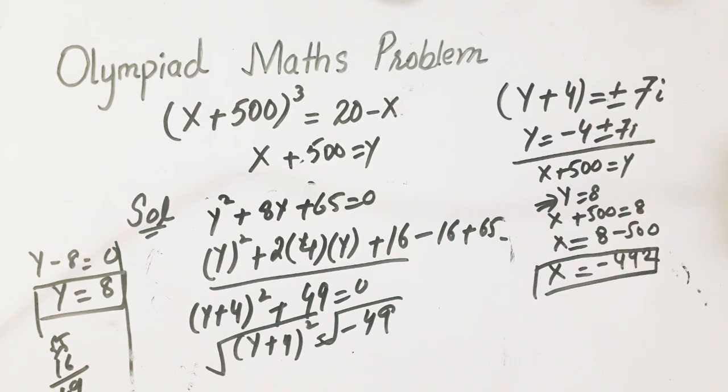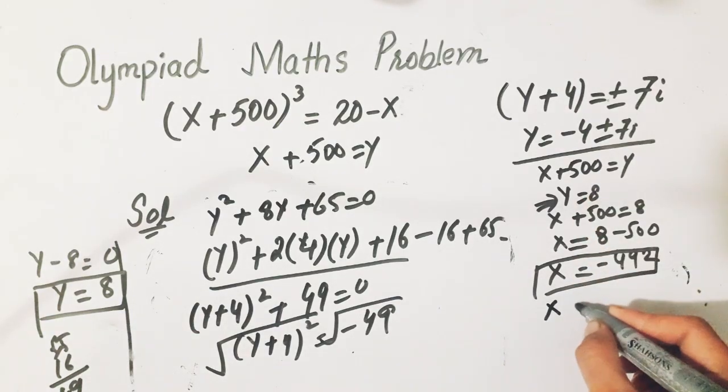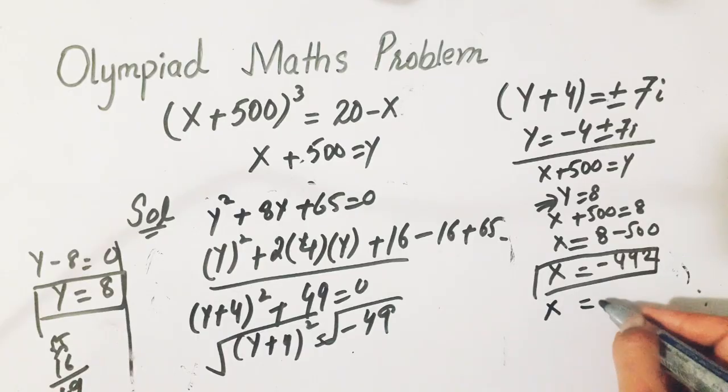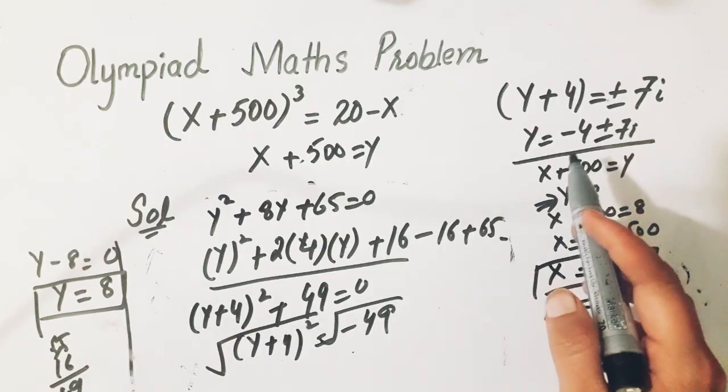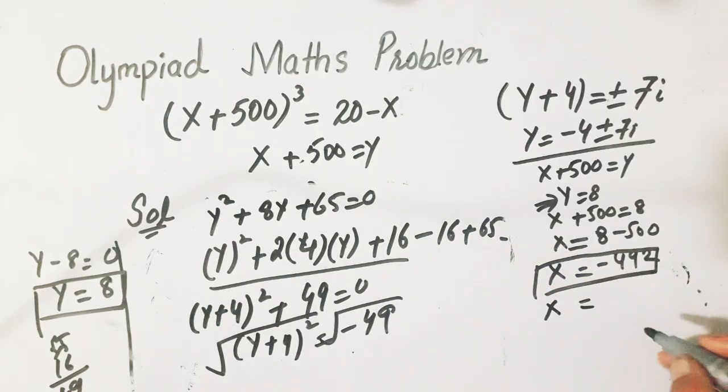Now we will find the value for the other one. This is the first root. For the other one, we have supposed x + 500 equals y, so x equals y minus 500.